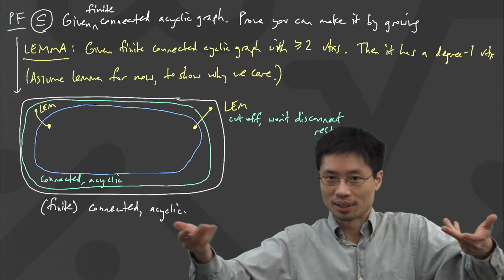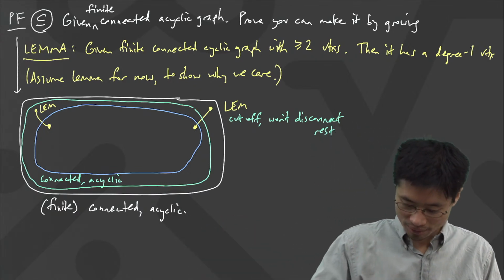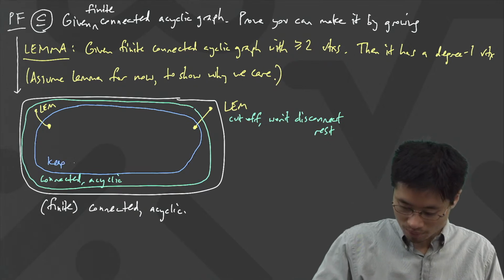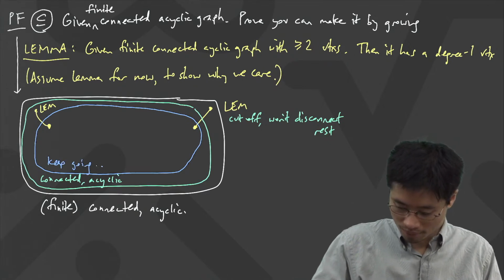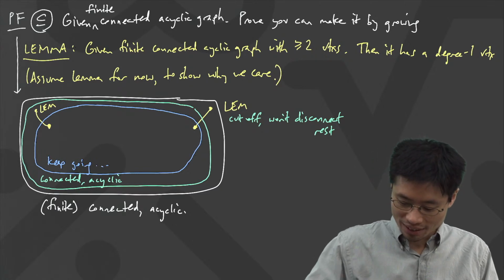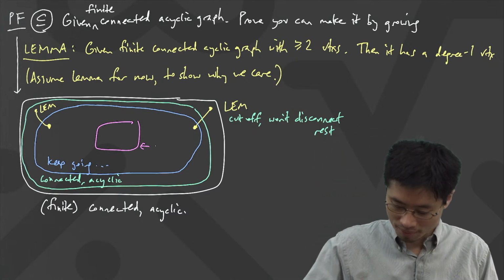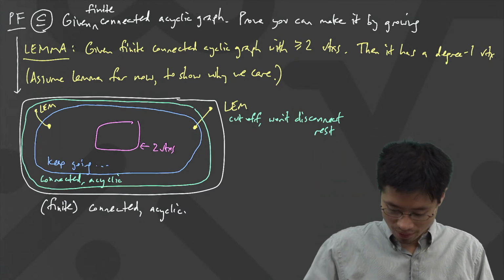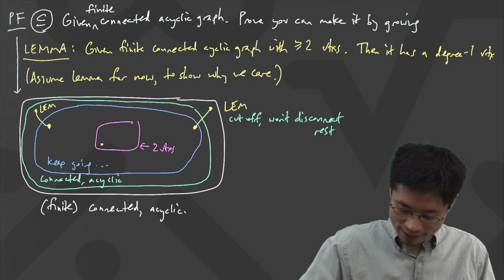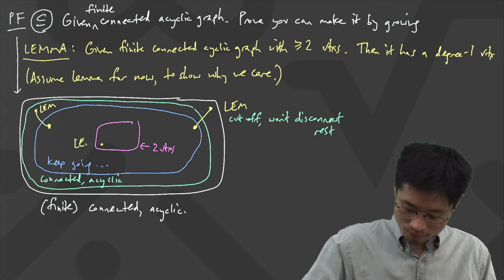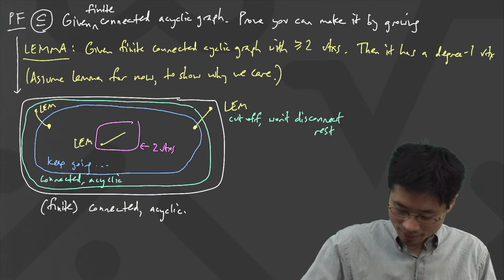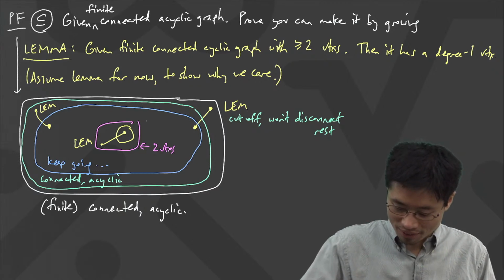So I keep going, until at the very end you've gotten down to here. And I guess this has two vertices. The lemma gives you one vertex here, which goes out. And then after you take it off, you have one vertex left.